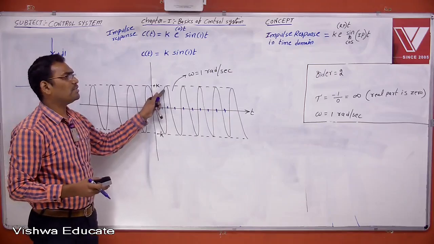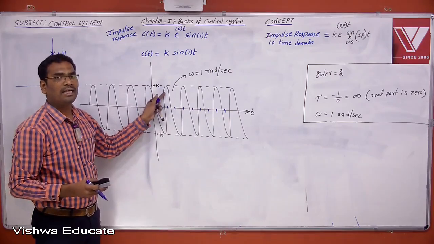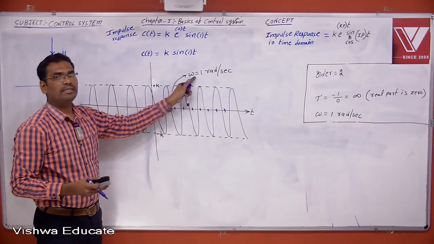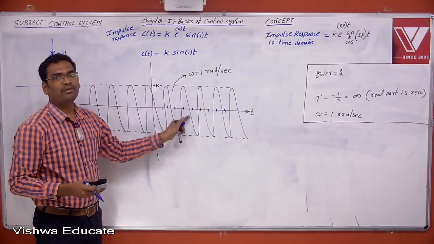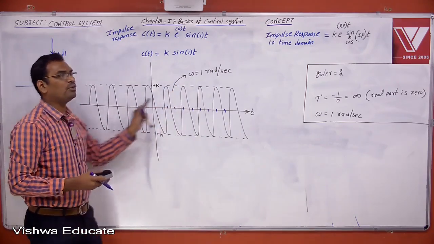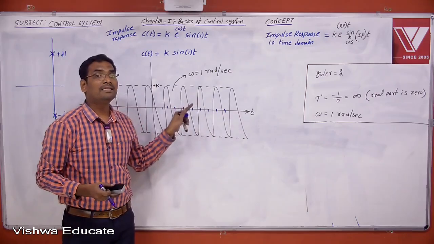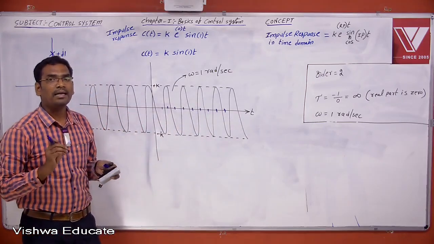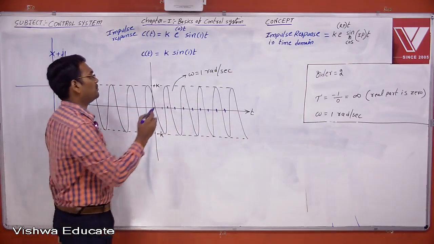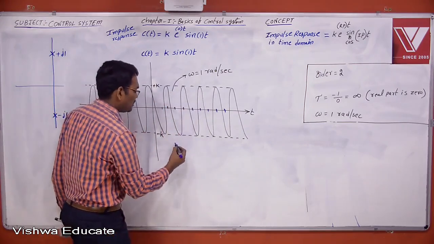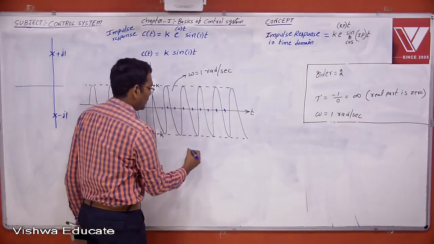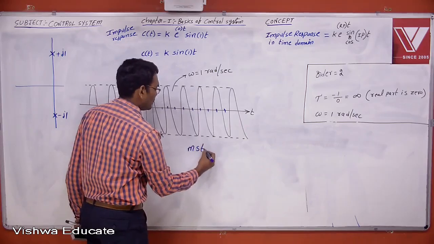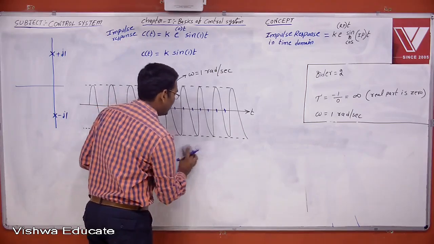The response maintains constant amplitude and frequency of oscillations irrespective of the input from minus infinity to plus infinity. Then that system is said to be a marginally stable system.